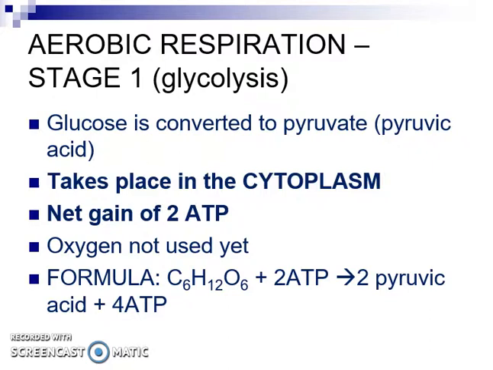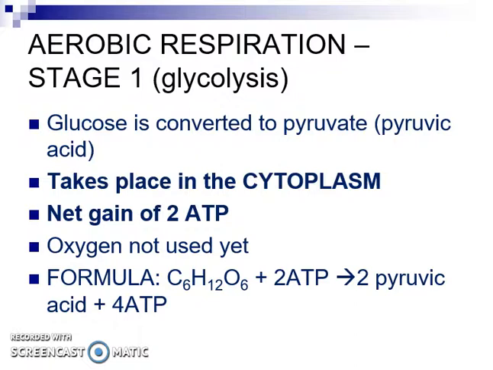Glycolysis is actually going to take the glucose and convert it into pyruvate, but I'm going to refer to it as pyruvic acid. They are both the same. This actually takes place in the cytoplasm. Now, in order to take that glucose molecule and split it into pyruvic acid, you actually need to use a little bit of energy. So you're going to take that glucose molecule plus 2 ATP.